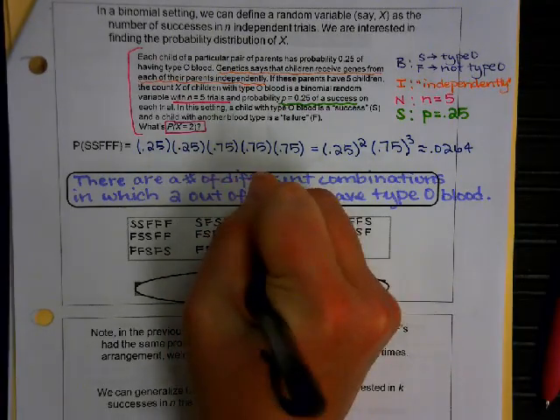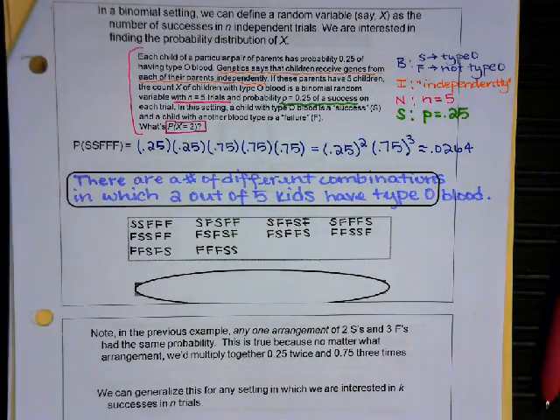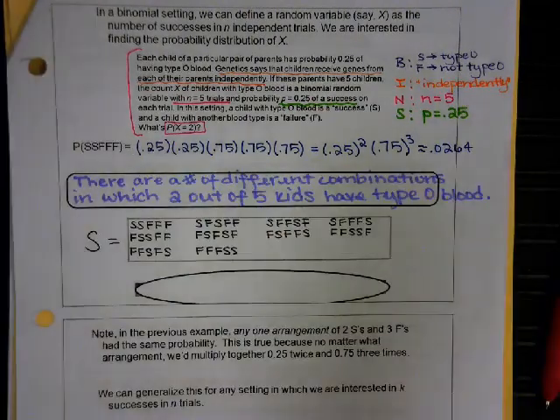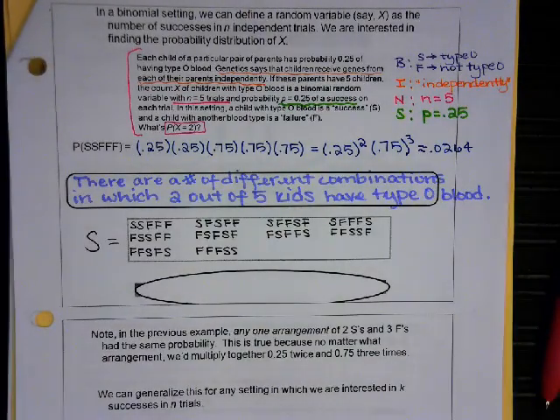And that, remember, is our sample space for having 2 successes and 3 failures out of 5 kids. So there are 10 different ways, right? If I count 1, 2, 3, 4, 5, 6, 7, 8, 9, 10. 10 different ways that we could have 2 successes and 3 failures.